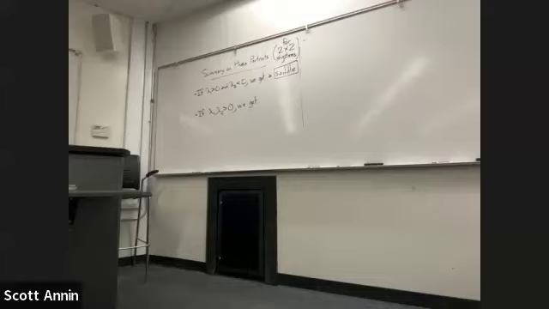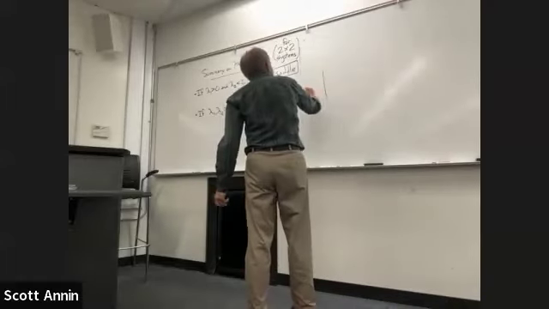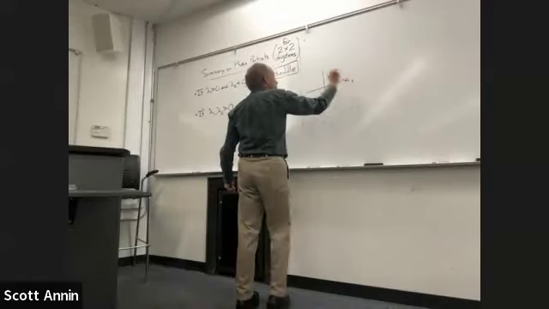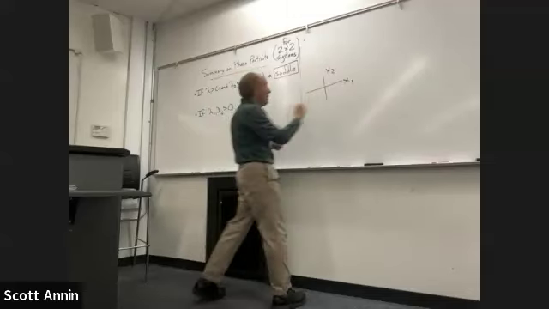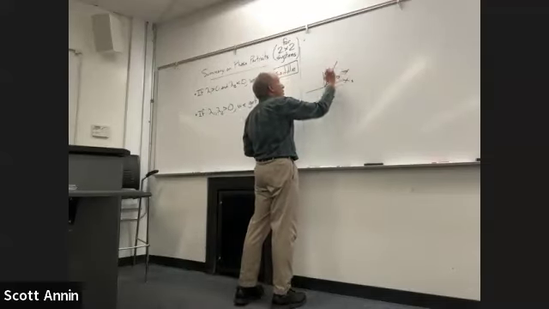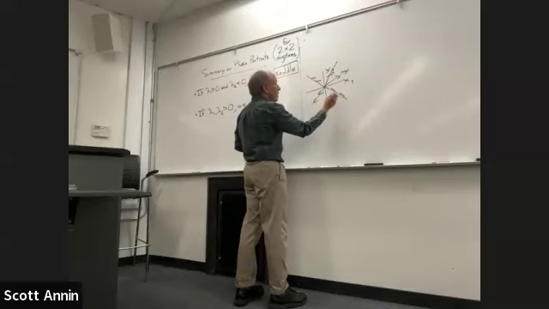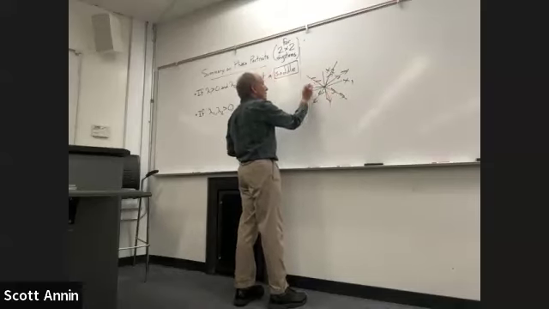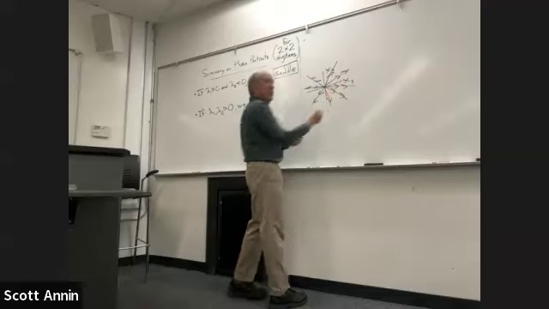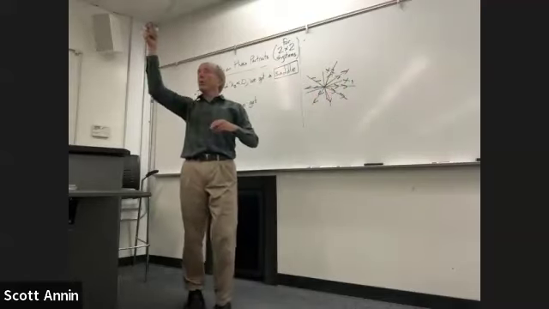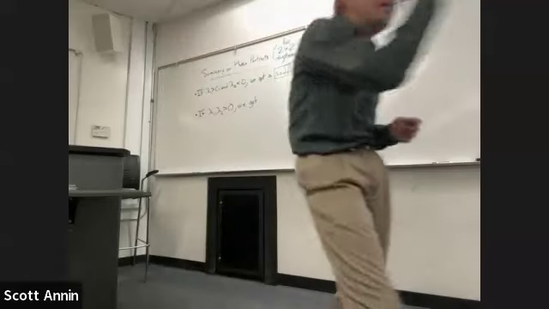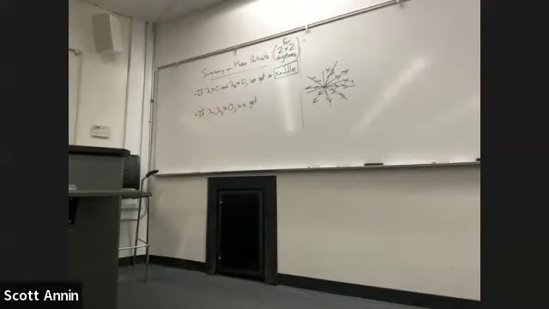This phase portrait here, I'm going to draw a little mini phase portrait. The way this phase portrait is going to look in this second case is every single arrow in all directions is going outward, like the rays of the sun coming out. I don't care where you drop the feather, unless you drop it right at the origin, which is the trivial solution where the feather just sits there.